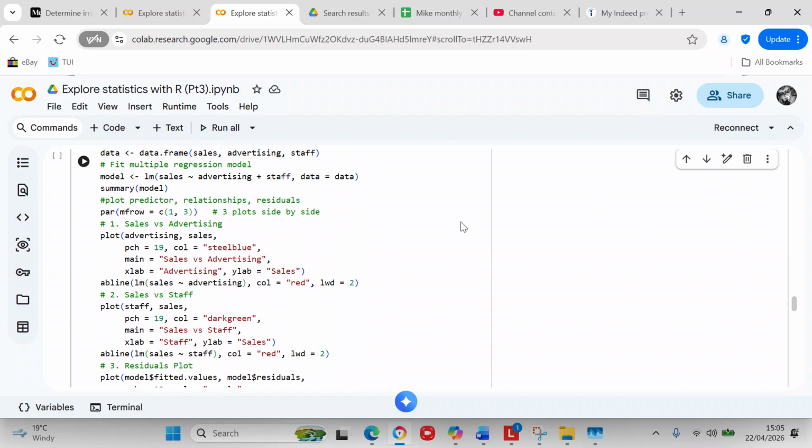So we're going to plot brackets, advertising, comma, sales, pch, that's the size of the dot, equals 19. Color equals steel blue. Main is your title, is sales versus advertising. xlab, that's the label on the x-axis, is advertising. And ylab, which is the label on the y-axis, is sales.